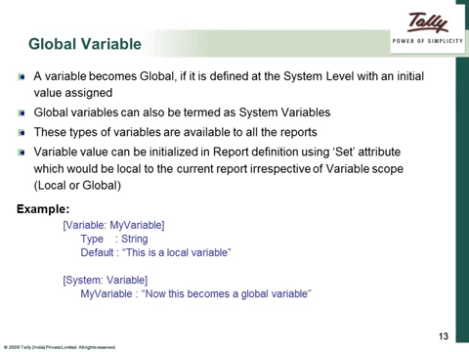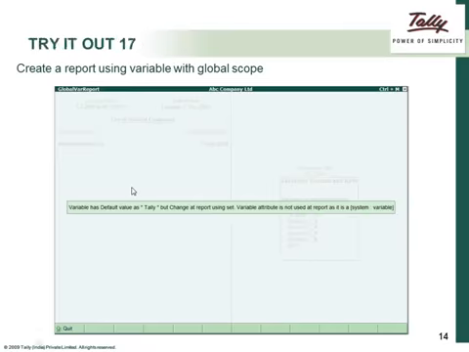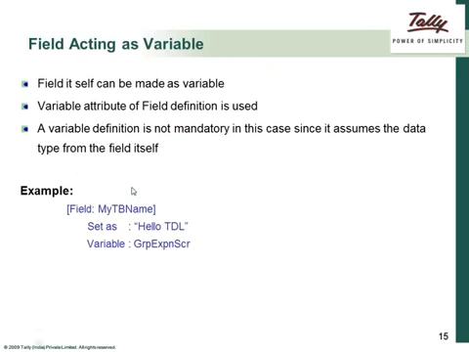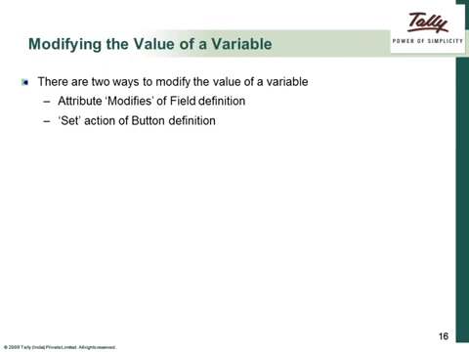Right. So there were certain things I gave you. Then again, field acting as a variable. Then we take up this drill down report, when we will do this in more detail, where we field acting as a variable, why we would require a field acting as a variable and why not explicitly mention it. We will see this when we are going to look at the drill down report. Then we spoke about modifying the variable value.